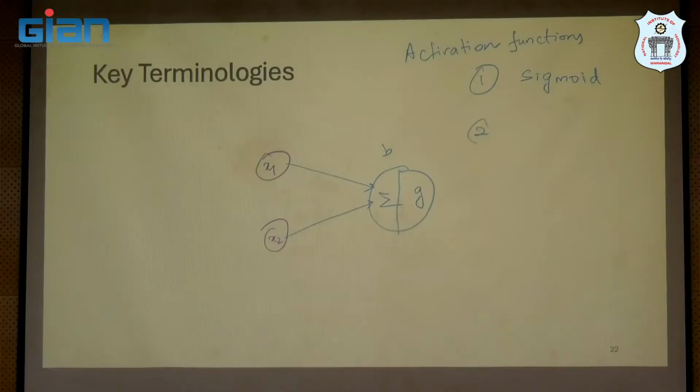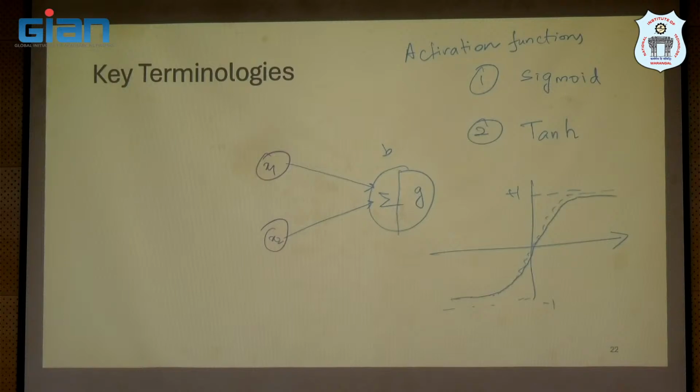Another type of function is the tan hyperbolic function. If I plot it, it goes from +1 to -1. It has exactly the shape of a sigmoid curve, but it is centered about 0.